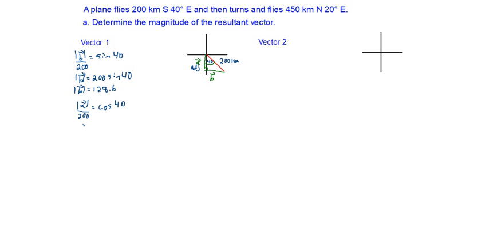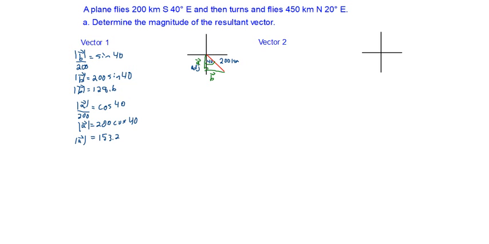And again, we can just solve that for the magnitude of A, and we will get 200 cos 40. Plug that into the calculator, and we get that the magnitude of A is approximately 153.2 kilometers.